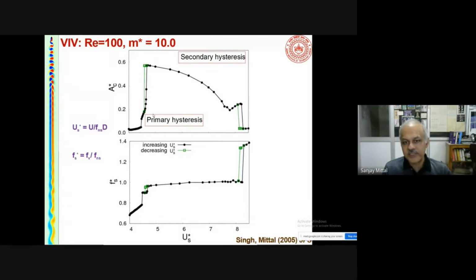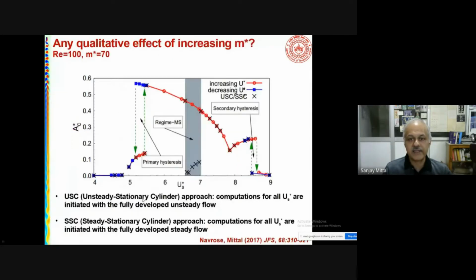So same as the last picture, but here now I am showing you the frequency. The frequency locks into the natural frequency, and on either side of it you see again a jump where it has gone to the stationary frequency of the system, the vortex shedding.